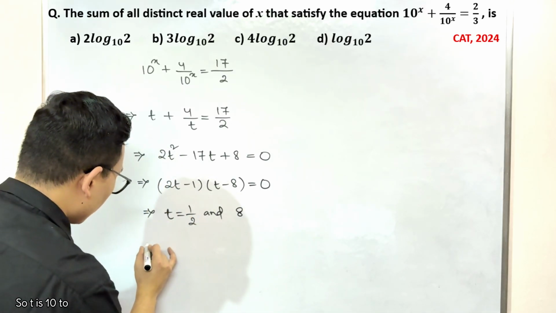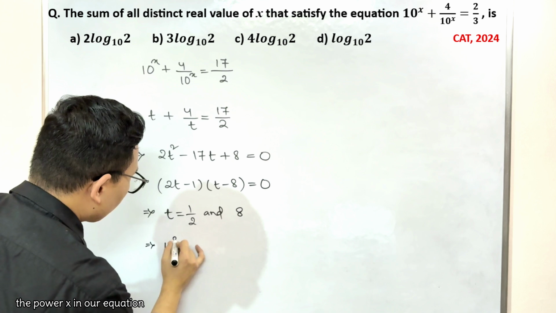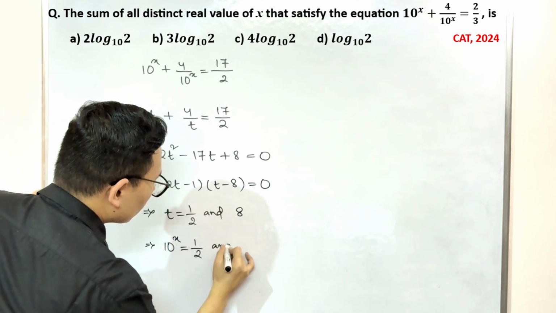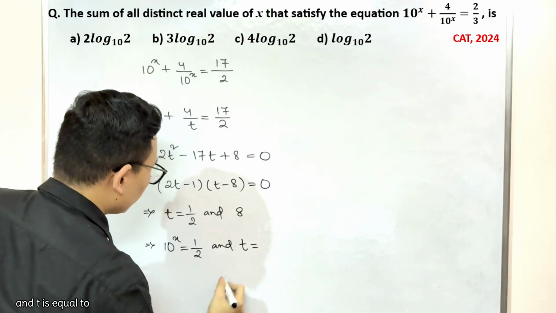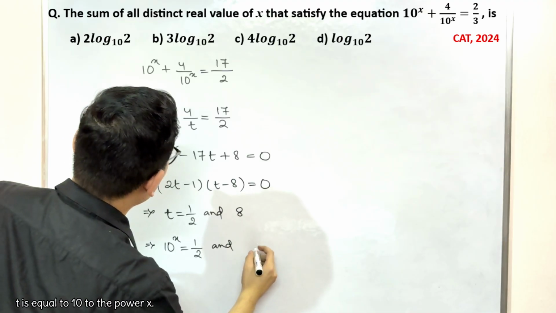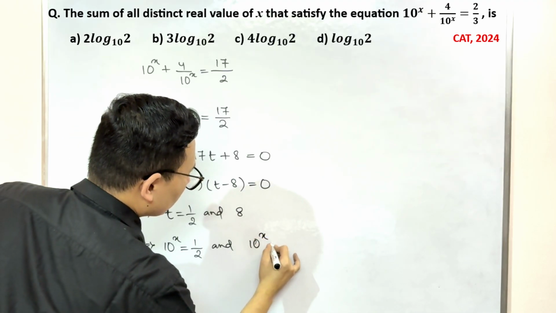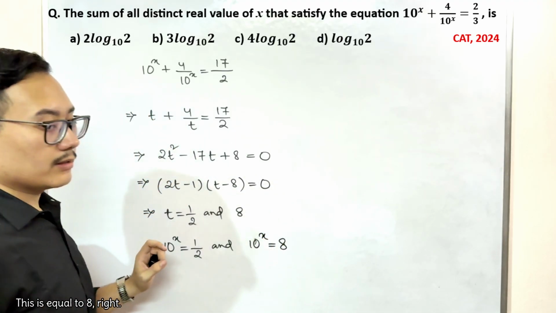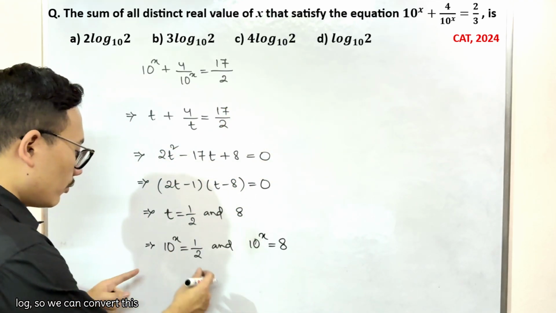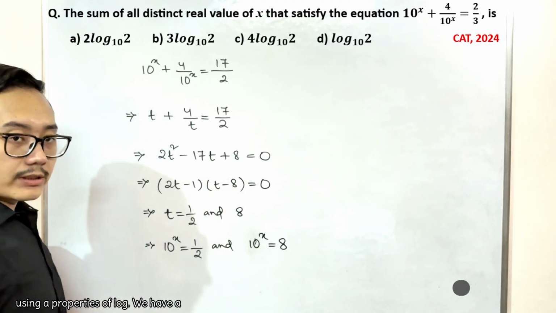So t is 10 to the power x in our question. So 10 to the power x is equal to 1 by 2, and 10 to the power x is equal to 8. But all the options are in the form of log, so we can convert this using the properties of log.